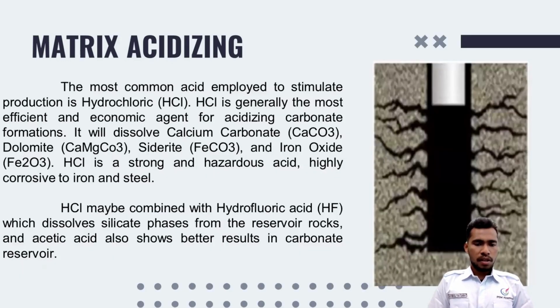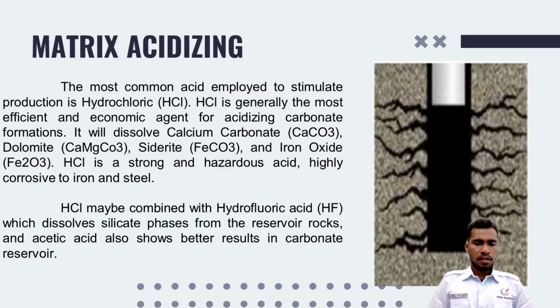The most common acid employed to stimulate production is hydrochloric, which is useful in removing calcium material from the reservoir and is well used in carbonate acidizing. It will dissolve calcium carbonate, dolomite, siderite, and iron oxide.